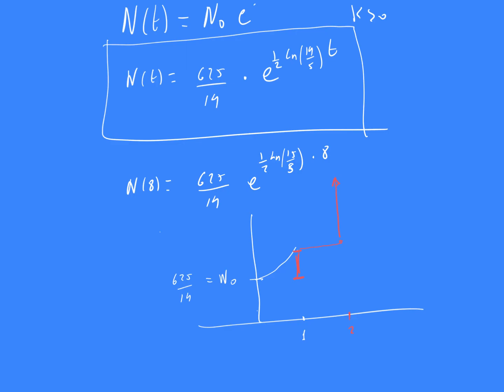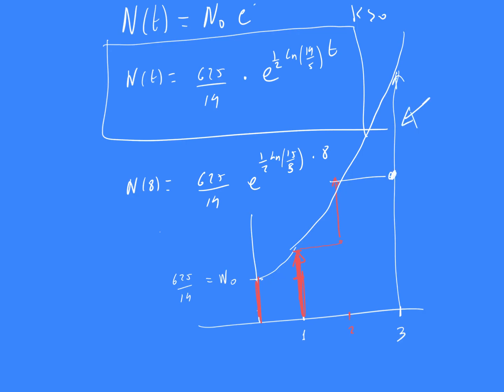Why? Because the amount that it will grow depends on the existing amount. The amount that exists here is this amount, N0. So the curve will follow an exponential curve. After another few hours, let's say 3 hours, the growth will be even bigger.